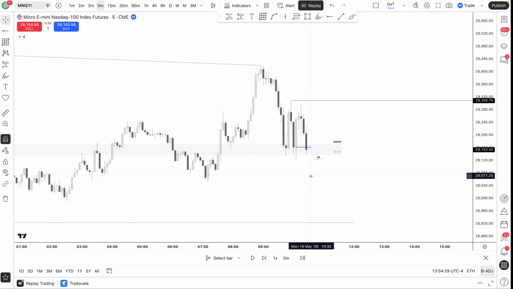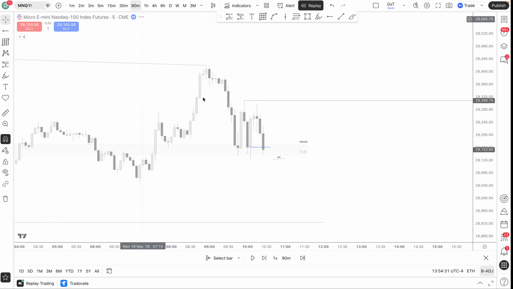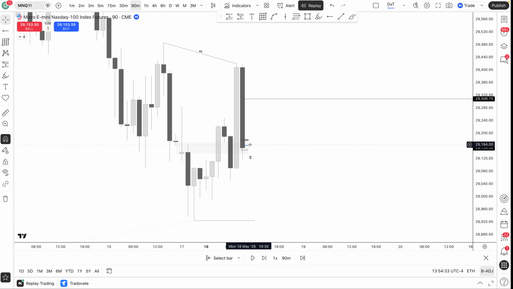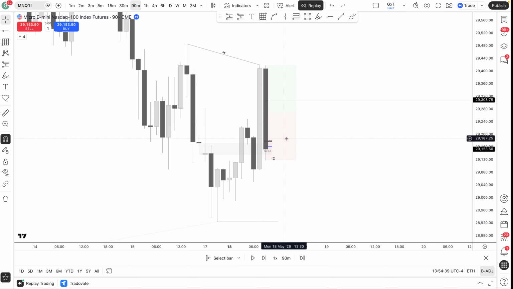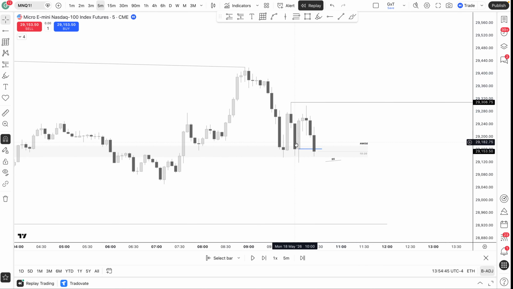But yeah, when I look back inside of that 10:30, I keep saying the wrong times. When I look back into that 90-minute 9 o'clock candle, you can see that the only level to continue from in the lower half of that range is this opposing candle, right?